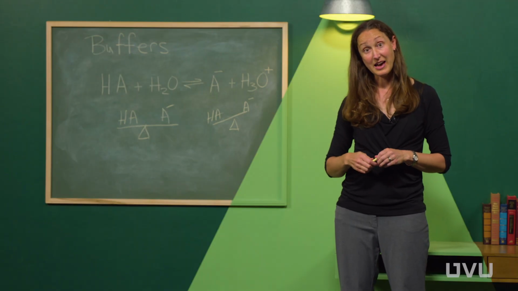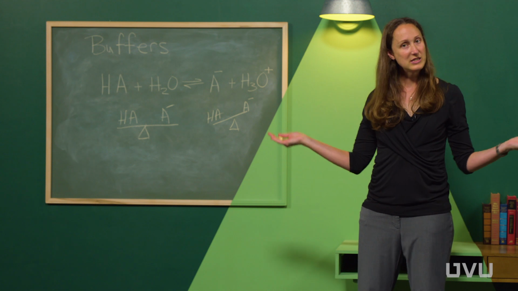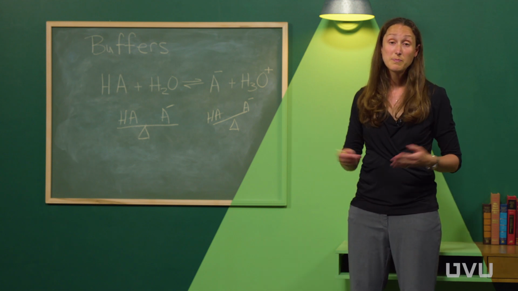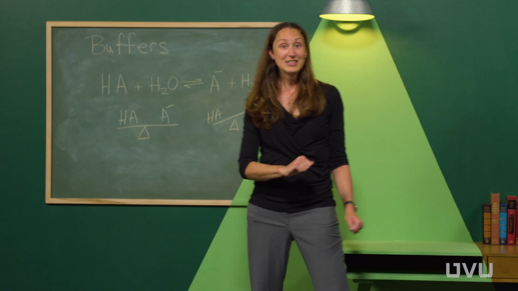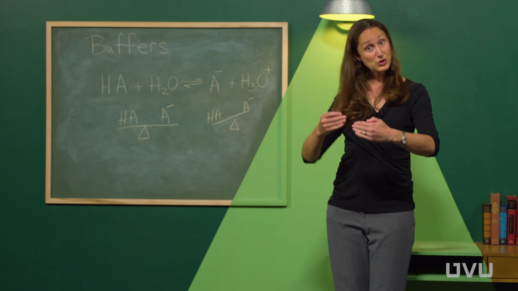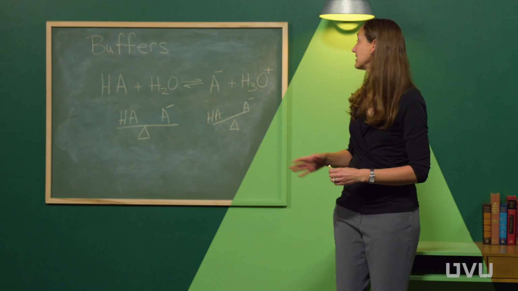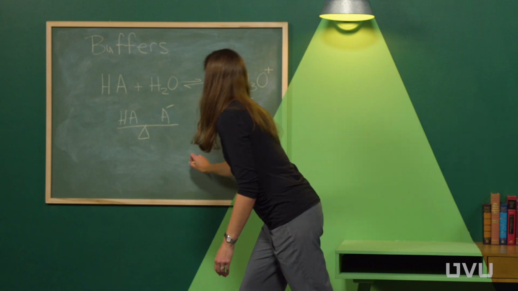Likewise, let's talk about when we add a strong base. If I add OH-, what's it going to react with? The best acid it can find. And the best acid in our system is our nice weak acid HA. So the strong base is going to react with HA, it gets consumed, but then what does it make? It makes more A-. So if I add a strong base, what did I do?